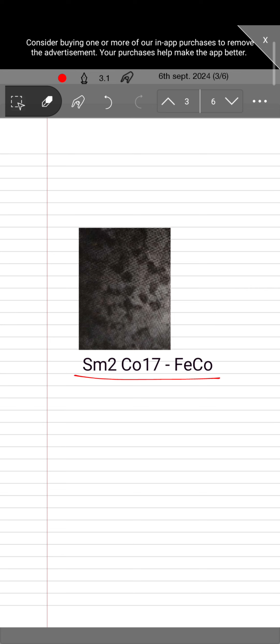Now, typical applications of these high-power rare earth metals. We are using some rare earth metals here.